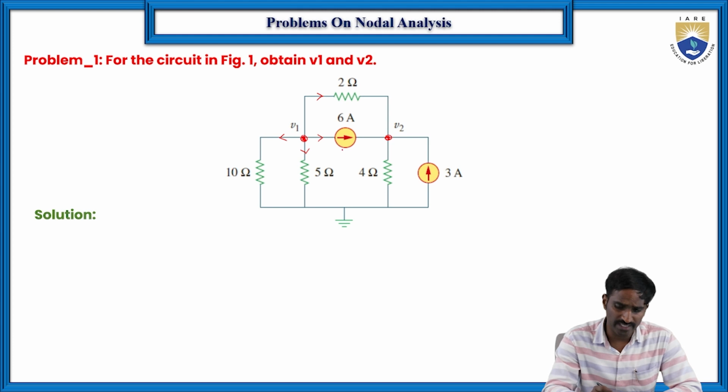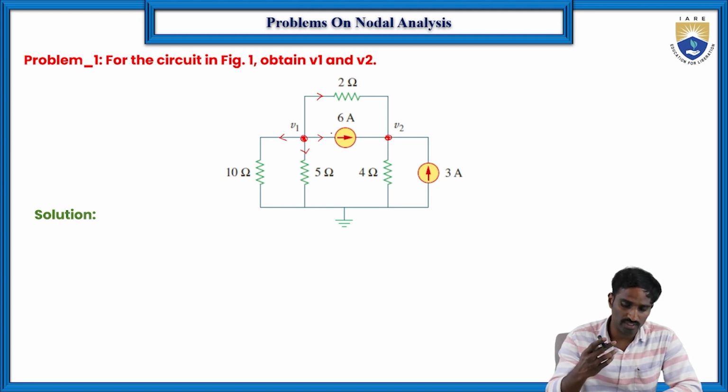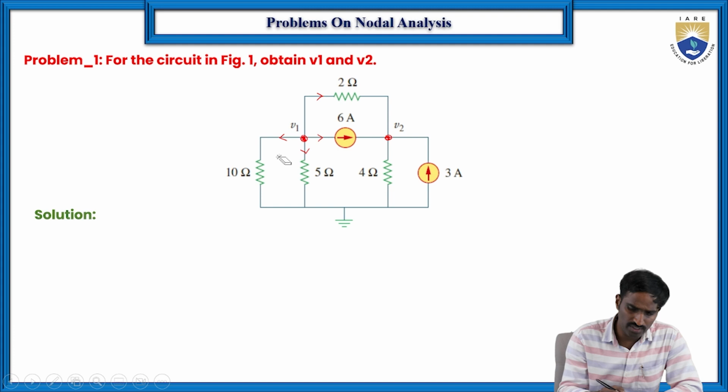Then what are the currents entering or leaving the node? Here all are the currents leaving from the node.